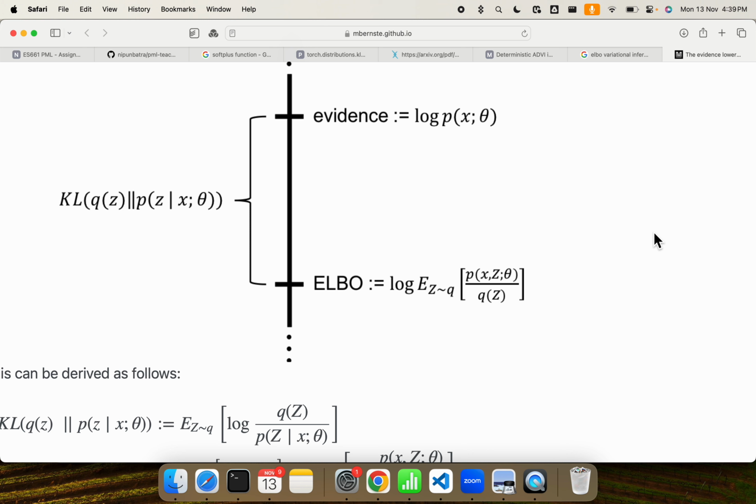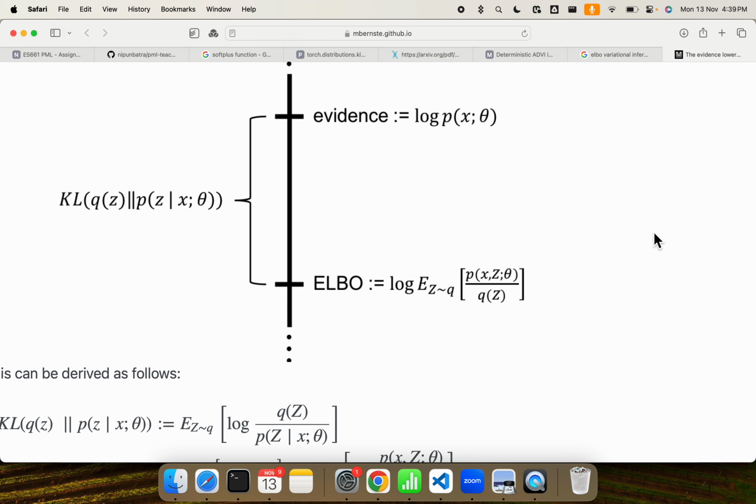If the KL divergence between these two quantities is 0, which means our Q is exactly the same as the posterior, in that case, our evidence is lower bounded by ELBO. So the evidence will always be greater than this quantity ELBO by the KL divergence quantity.